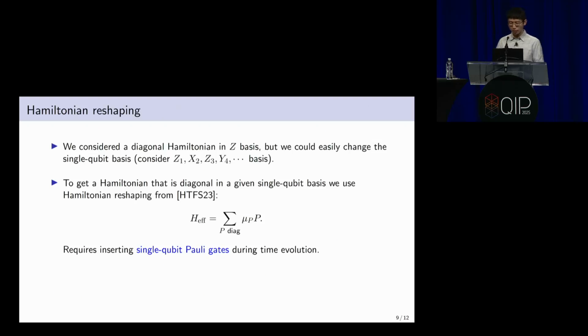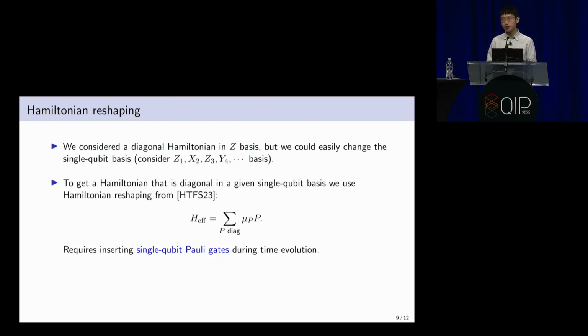In particular, here we only select terms that are diagonal with respect to a chosen single qubit basis. This procedure only requires inserting single qubit Pauli gates during time evolution. Once we have such an effective Hamiltonian, we can directly apply the compressive sensing protocol I described in the previous slides to learn the coefficients mu_p.